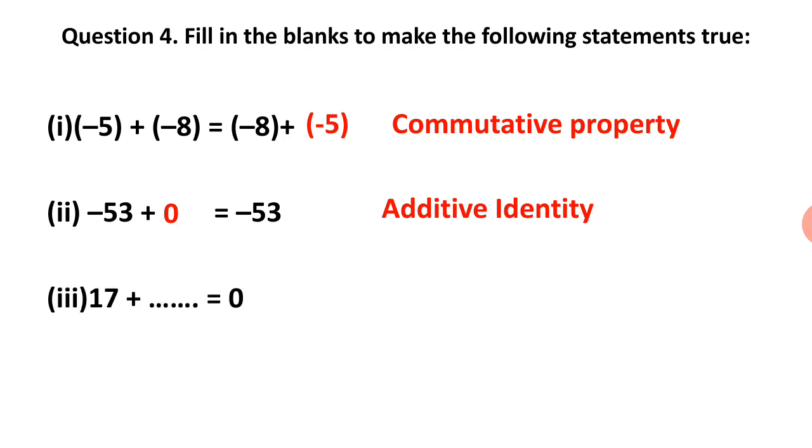The next sub-question, 17 plus dash gives you 0. Opposite numbers when added give you 0. So the number to be added should be -17. And they are known as additive inverse of each other, 17 and -17. A and -A, they are additive inverse of each other.